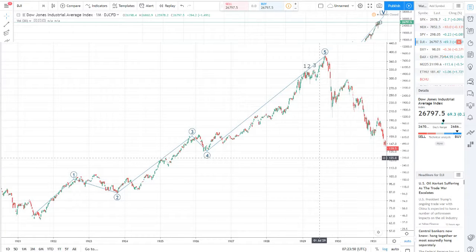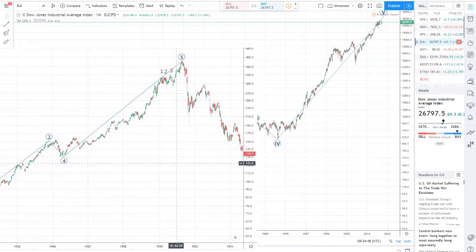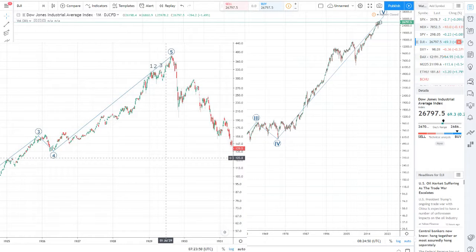I want to focus on the last part of the fifth wave. You can see I drew in a 1, 2, 3. Now this is clearly very speculative, but I thought it looks quite similar to what we have right now. So if you look at that 1, 2, 3 before the peak of the fifth wave, I think that looks quite similar to what we have currently.